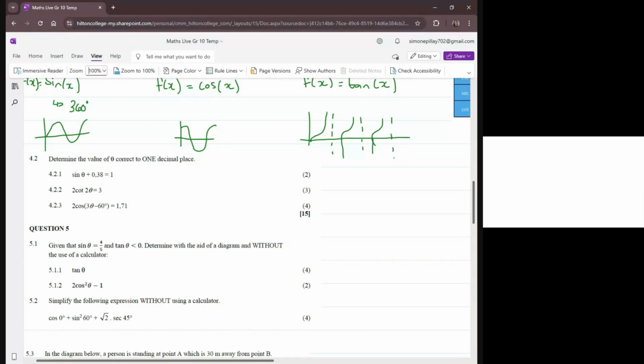If you are good with normal equations, which I hope you guys are, then these equations should not scare you. The only difference is that our trig equations include, obviously, a trig ratio. But beyond that, all of our equation rules remain the same.